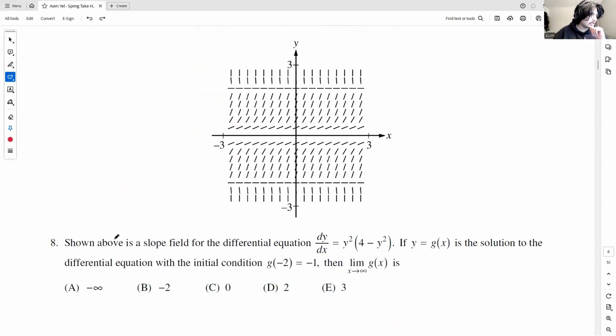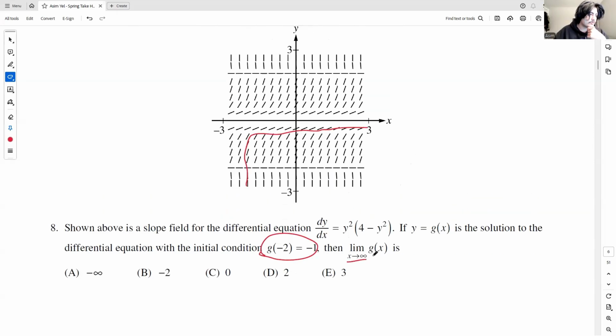All right, so question number 8, we're basically asked to find the limit as x approaches infinity of g of x, and our slope field is dy/dx equals y squared times 4 minus y squared, and y is g of x, and g of negative 2 is negative 1. So basically, over here, when we add up our slopes together, we got something which approaches infinity, but not exactly.